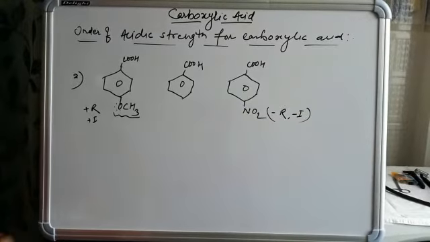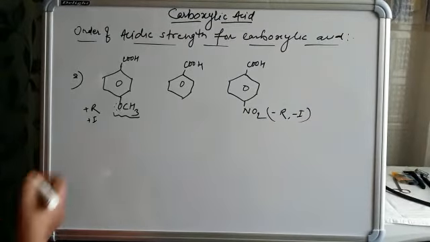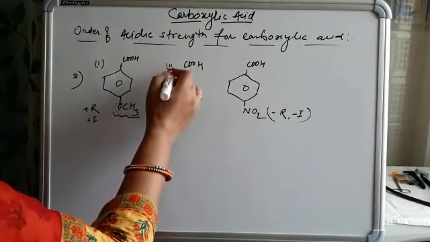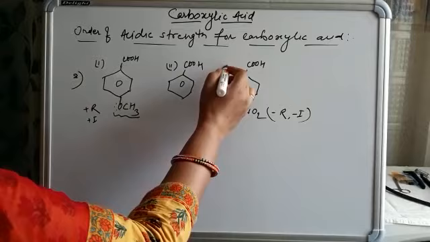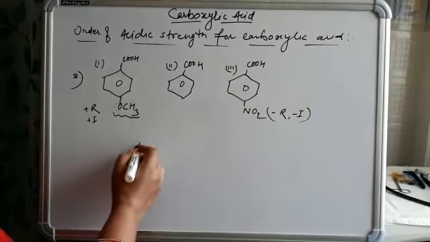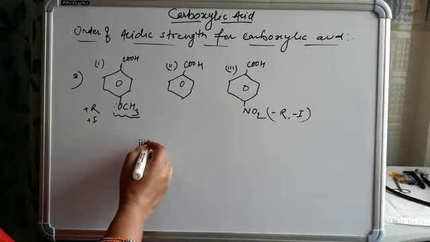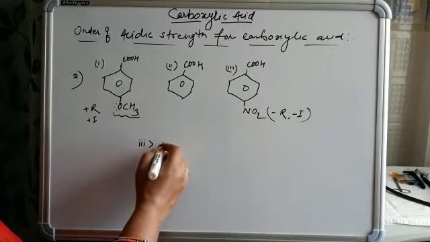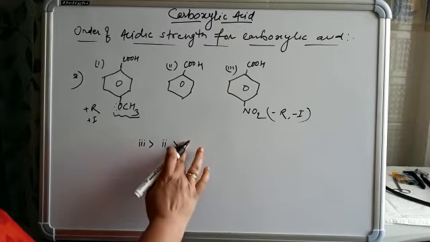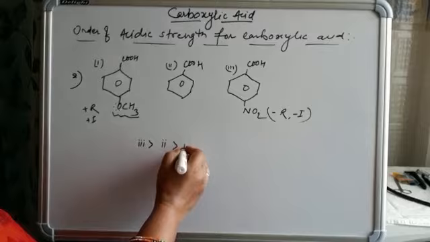So which one will be more acidic in nature? Suppose this is 1, this is 2 and this is 3. So the most acidic in nature will be 3. This is more acidic than this, and the least acidic is 1.